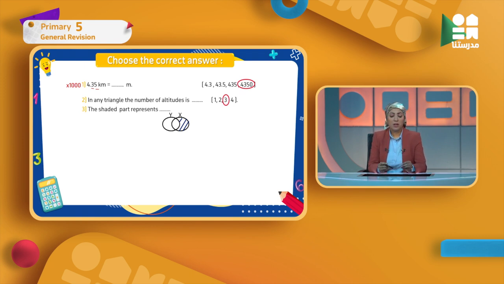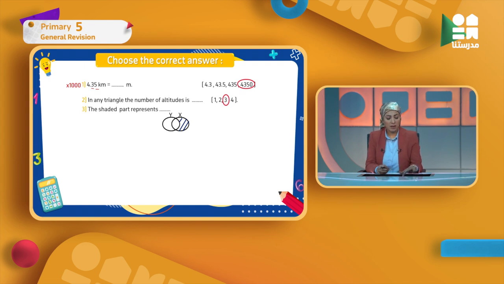So here, if you look at this part, you will find that the shaded part is covering a part of the set x, but it ignores the part of the set x which is in y. It means the shaded part covers a part of set x but not all of set x. The part that was common between y and x, the shaded part doesn't cover.